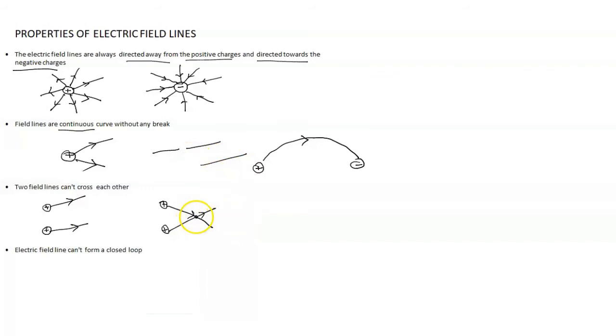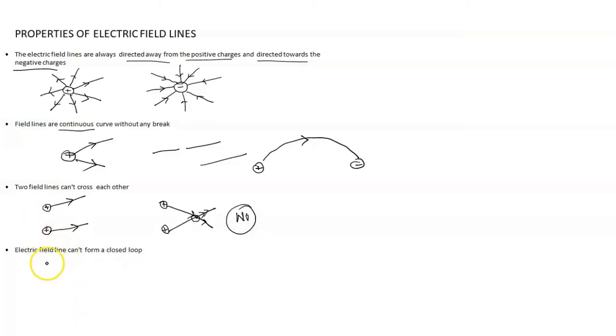At this point we get confused whether the direction is like this or like this. Can there be two directions of one field line at the same point? No, right? So two field lines cannot intersect each other at any point. This is the third point.